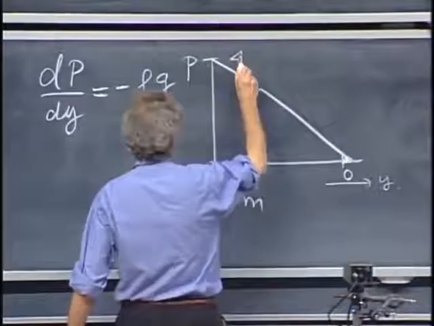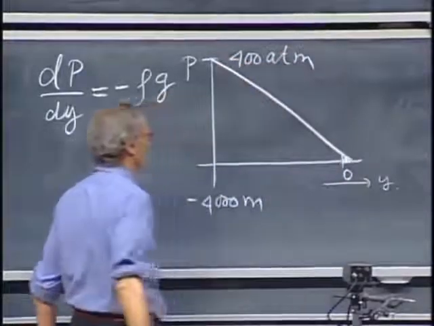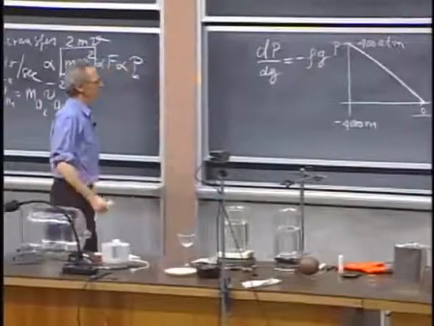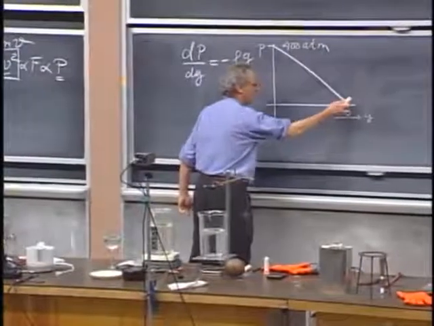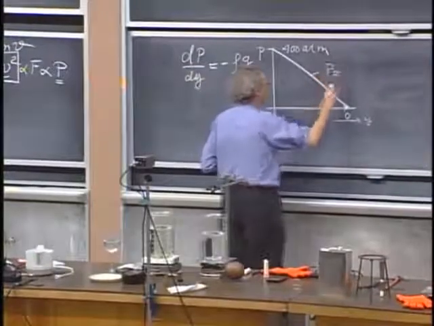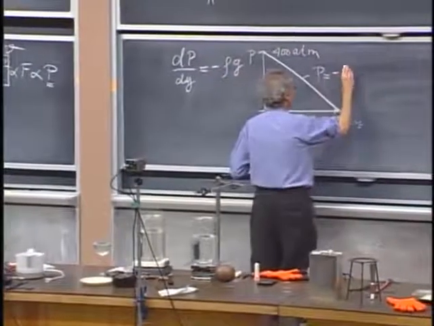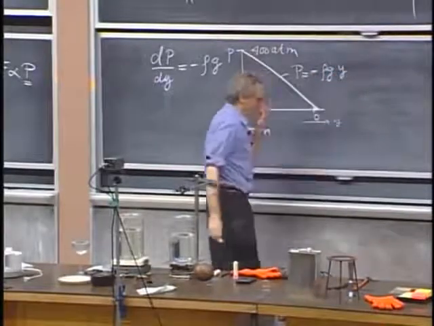Here it will be around 400 atmospheres, and it drops linearly when you go up to the surface. Well, it may be 1 atmosphere here because that's a barometric pressure, but that's a detail. I really want this to be the hydrostatic pressure, so that it's minus rho times g times y.